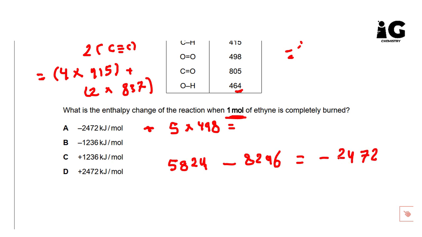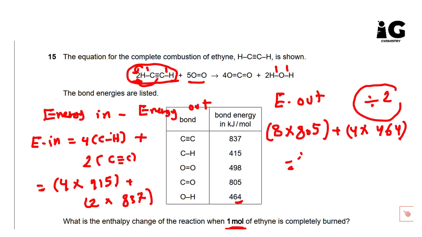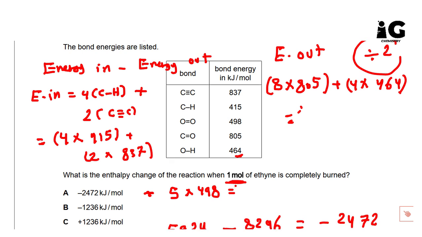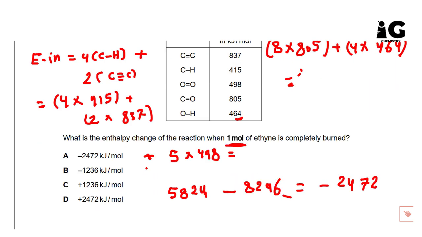And again, if you check this answer, actually this is the first one, A, but remember we need to divide by 2, because here everything should be divided by 2, because this is 2 moles and the question asked about only 1 mole. So we can use this number and divide by 2. So the correct answer is going to be B, because this is only 1 mole.